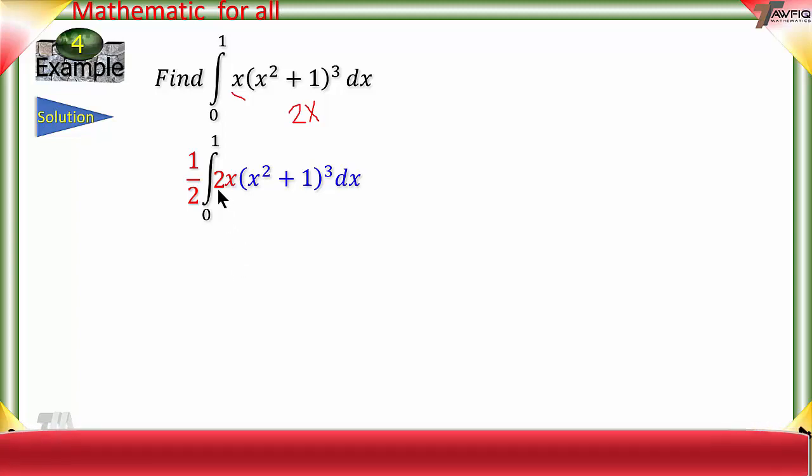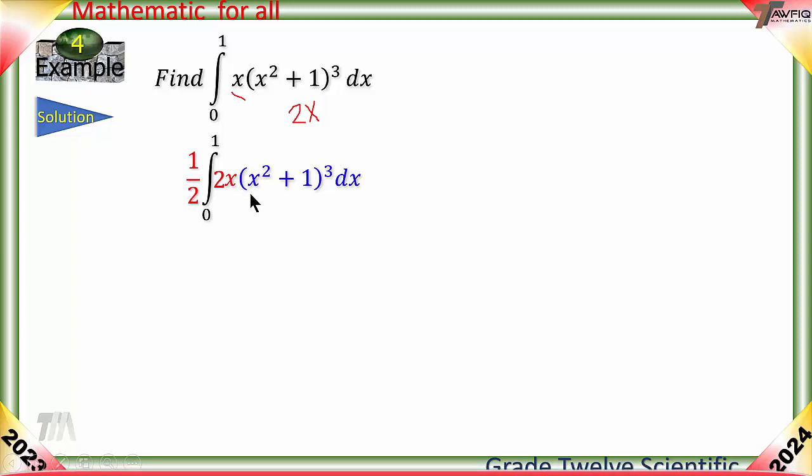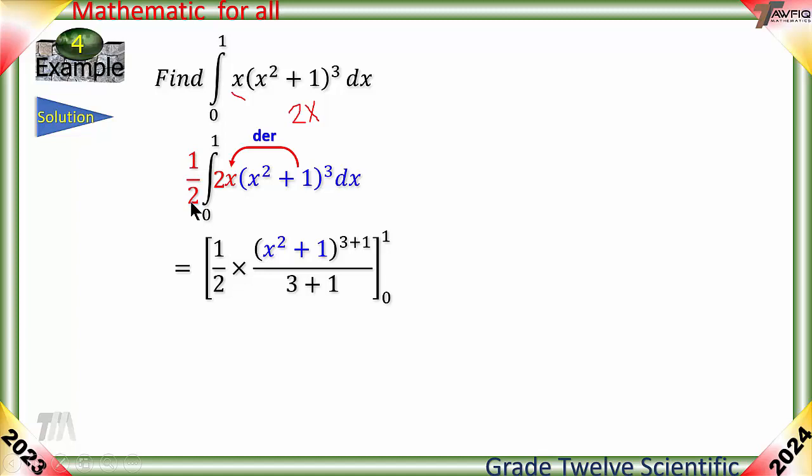And now we have the derivative of the inside of the bracket, so we can add 1 to the power 3 and divide by the new power. Write down 1 over 2 times (x squared plus 1) to the power 3 plus 1 over 3 plus 1.